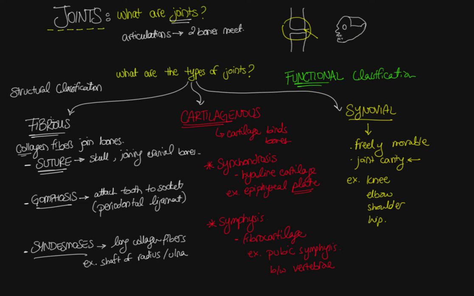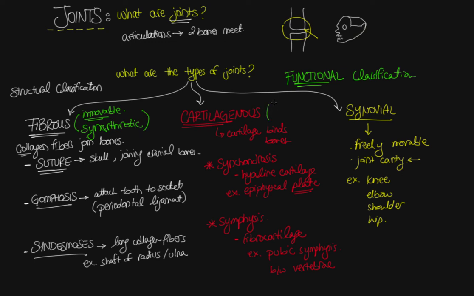So typically, these fibrous joints are usually immovable. Very, very limited flexibility. And so this immovable characteristic is what is known as synarthrotic or synarthroses joints, so immovable.